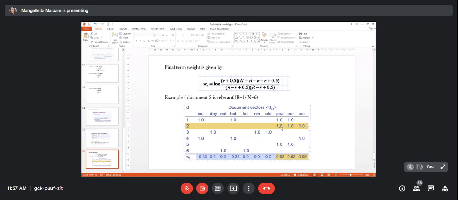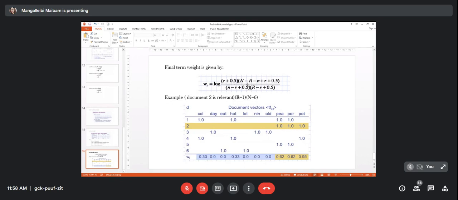So the improved ranking weight for P equal to log of... r is 1 here in our case because P is there in the relevant document one time.